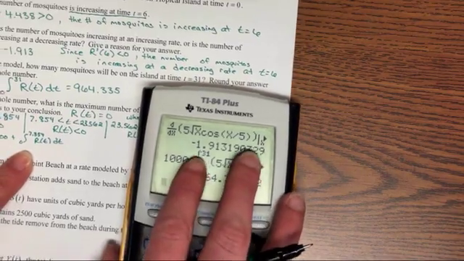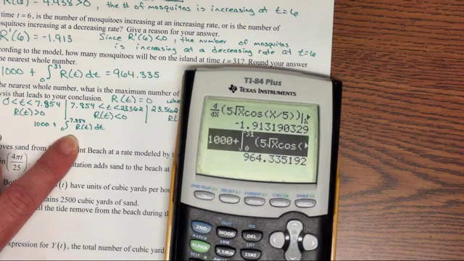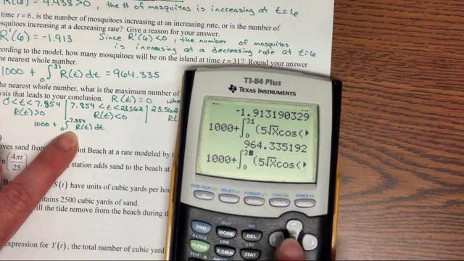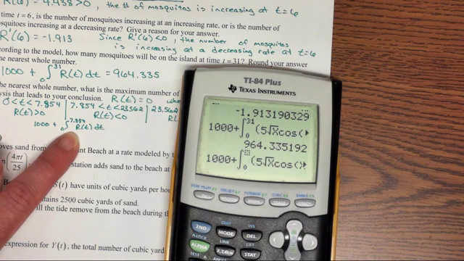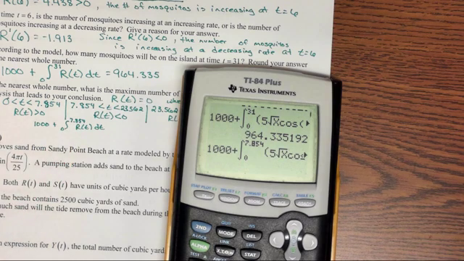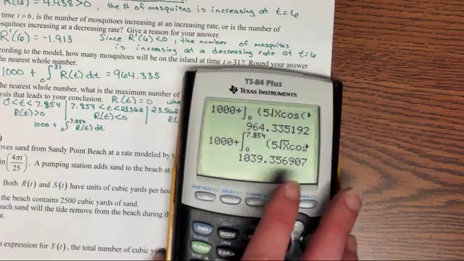Now one thing that's nice is in your calculator, if you already had that integral typed in, and all we wanted to do was change the boundary, I can just go in and type 7.854. It usually takes a little while in those types of integrals. 1,039.357.